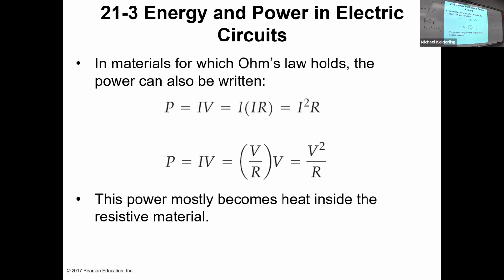And in resistive materials, what that power becomes is primarily heat. And so for certain materials, the resistance of something can change with temperature. So for example, the resistance of a light bulb will change as it heats up. That's just because the resistance of the material it's made of changes with temperature. The power mostly becomes heat inside the resistive material.